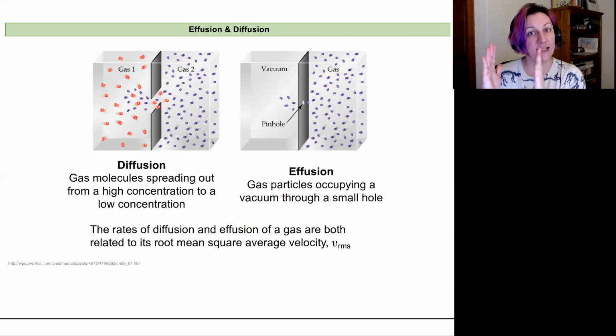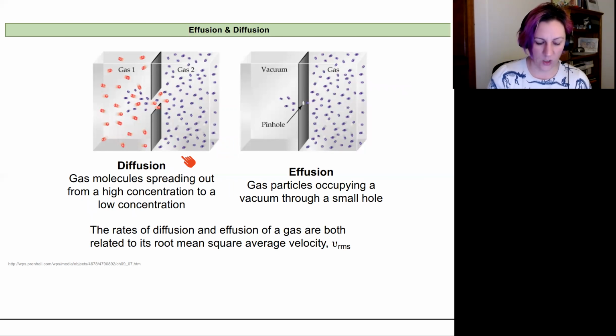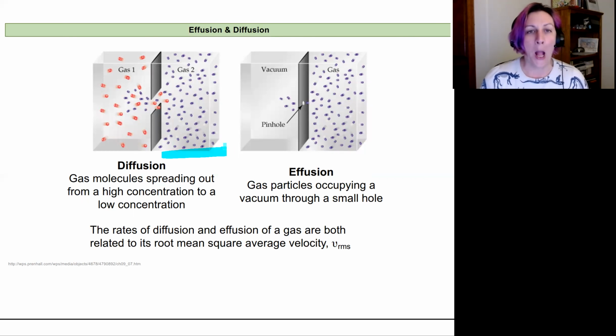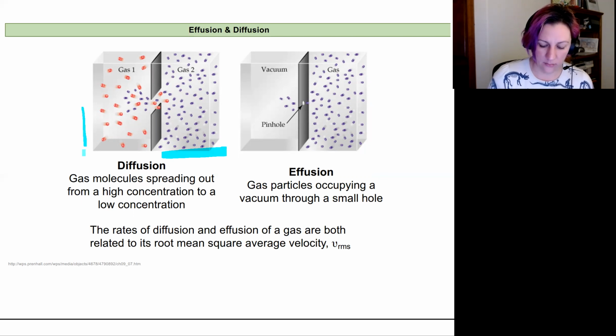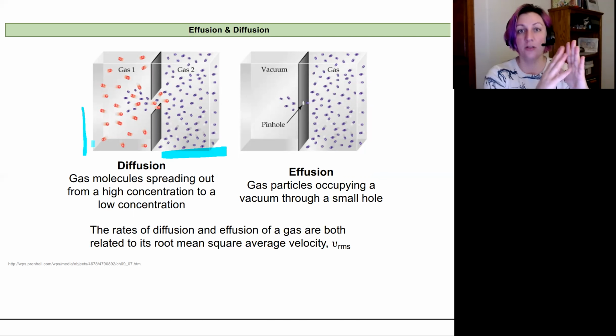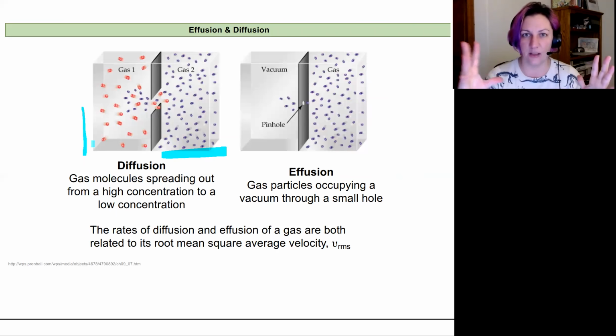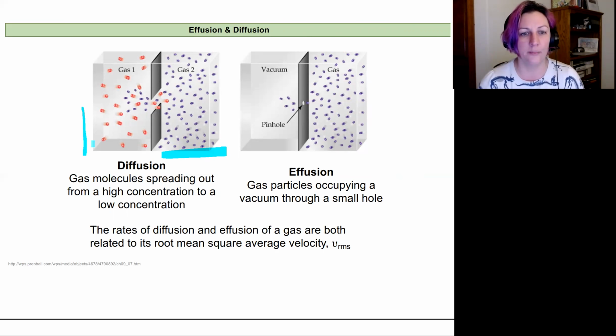The gas that's at a higher concentration, in this case the one on the right, will more quickly diffuse into the other half of the container. The red gas on the left is less concentrated, so it'll still diffuse through the whole space, but it'll happen a little bit slower. So it's still going to move from a higher concentration of itself to no concentration, but it'll go slower than the more concentrated one.